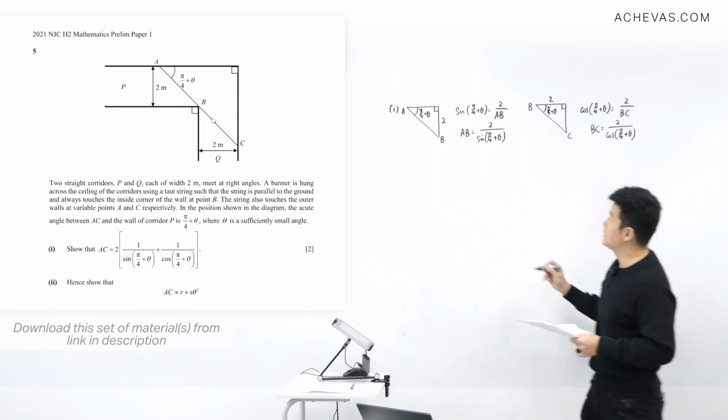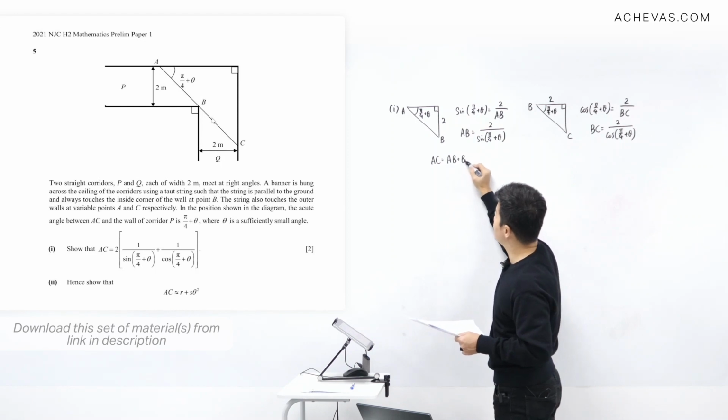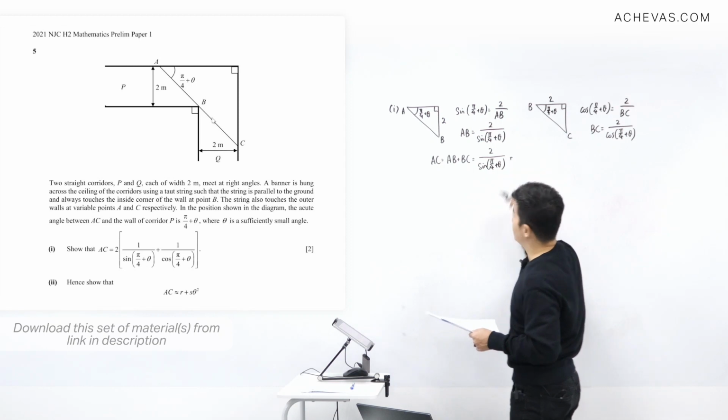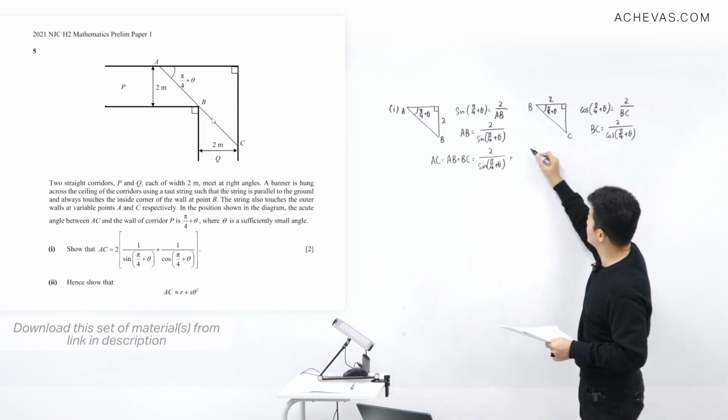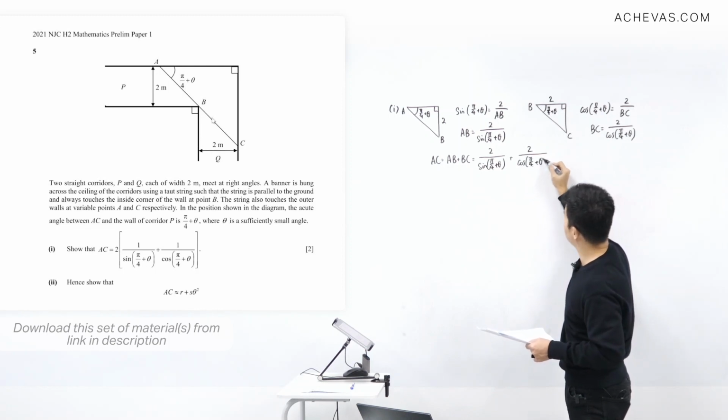And this gives me AC, because AC is going to be AB plus BC. AB is 2 over sine of pi over 4 plus theta, plus BC, which is going to be 2 over cosine of pi over 4 plus theta.